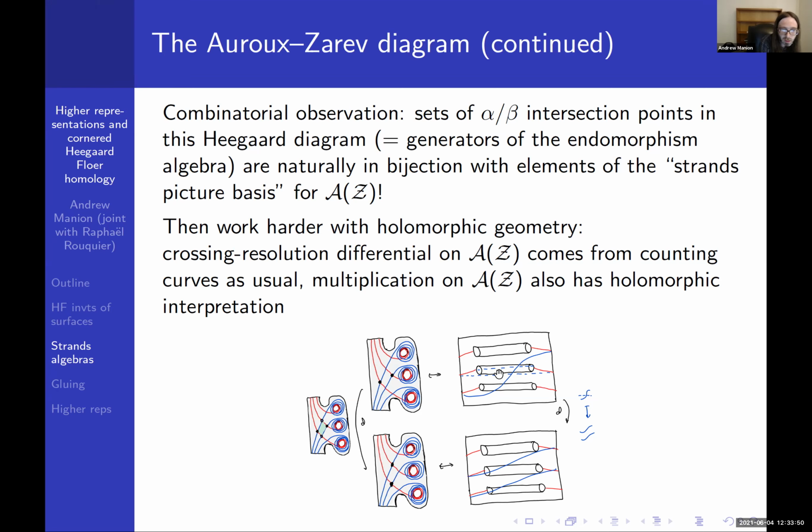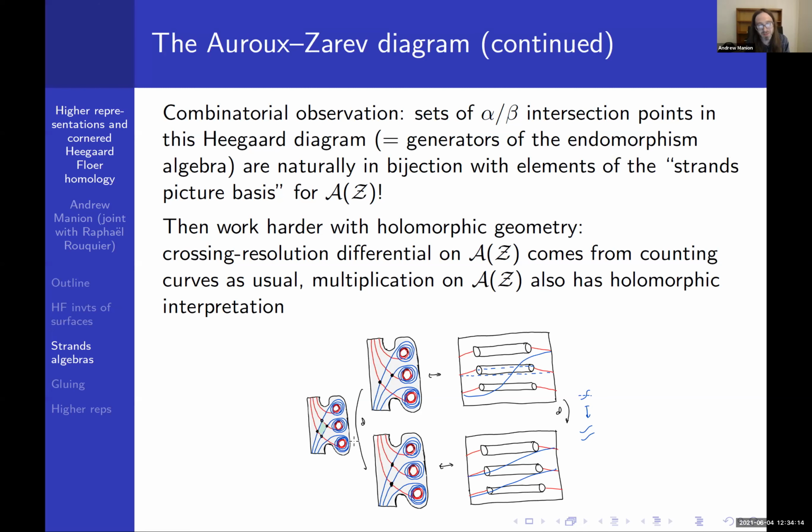This actually lines up. You can draw this picture on the other hand, and down here you can draw this strands picture, and the differential from resolving crossings corresponds to counting this rectangle here. I knew these generators because this is the one simple differential that I see on the Heegaard Floer side here.